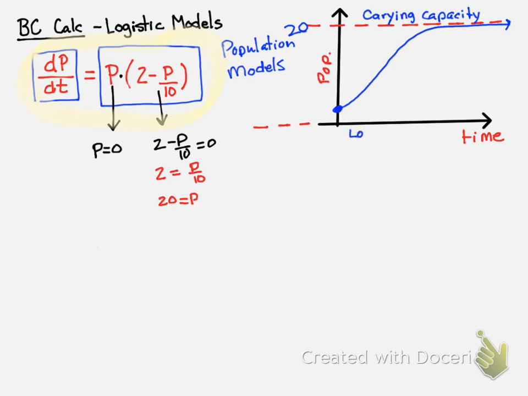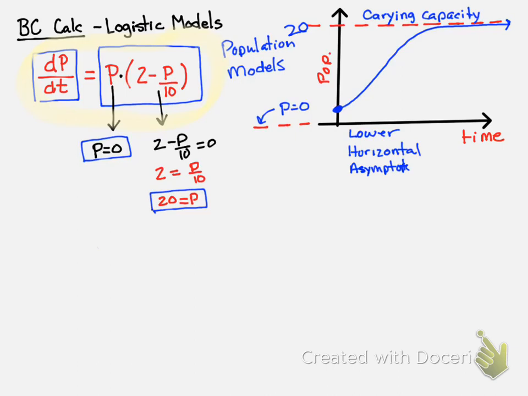And there will be a lower horizontal asymptote. Typically, that will be at population equals 0. And that shows up in this case. Population 0 and population 20 were our lowest we could ever get.